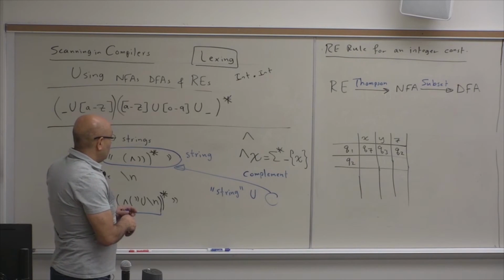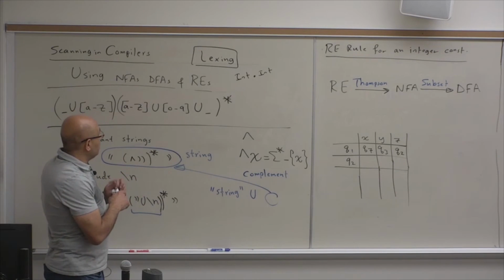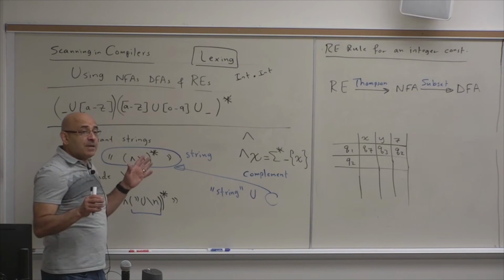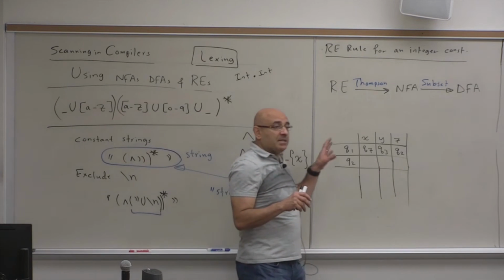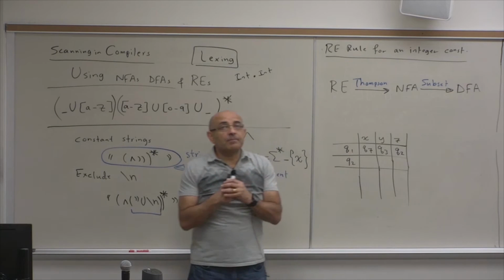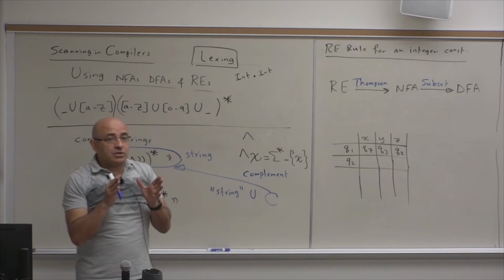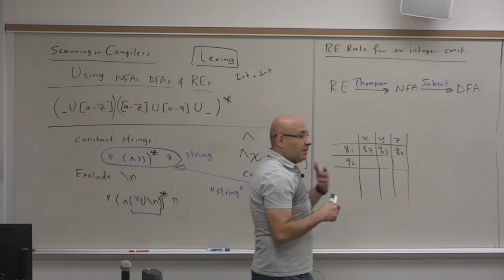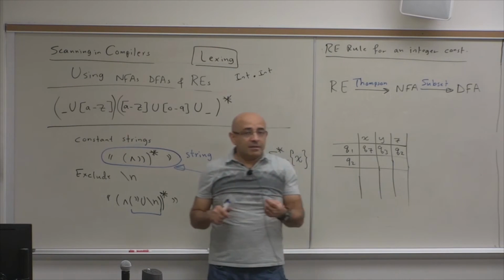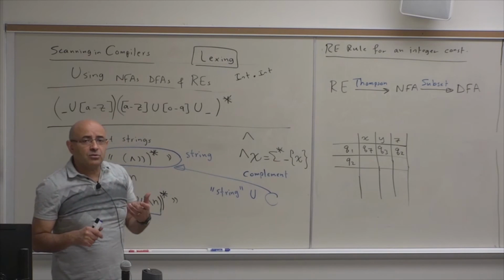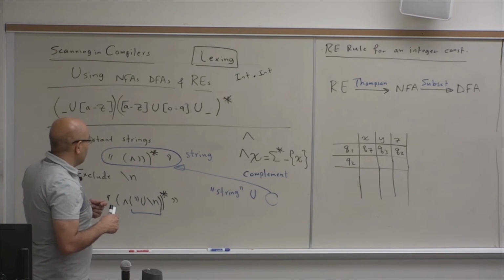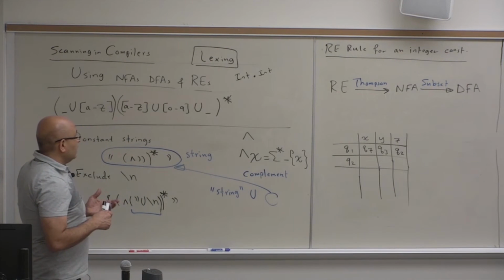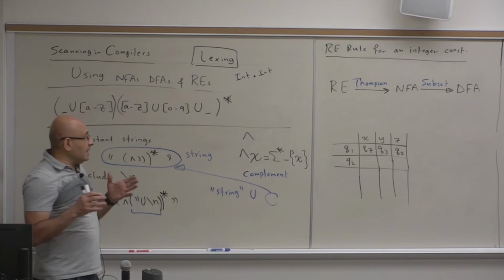The regular expression is the most convenient way of expressing the rule for a given language construct, like a variable name or a constant. The regular expression is the easiest to use and to understand, but it's not the easiest to program.